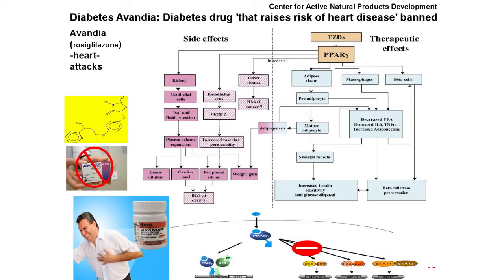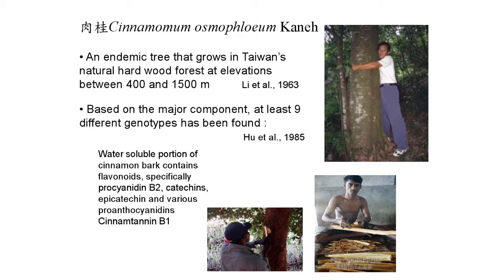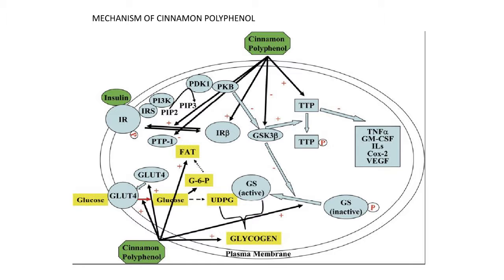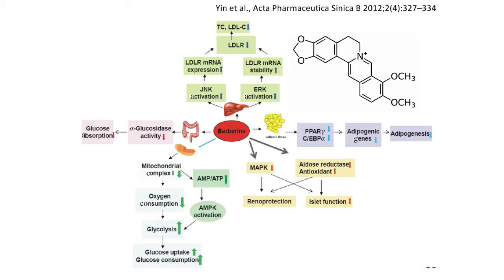From the cinnamon tree in Taiwan, we have very old material, and identify the compound expected to inhibit the signal transduction. And more compounds are available or waiting to be identified.